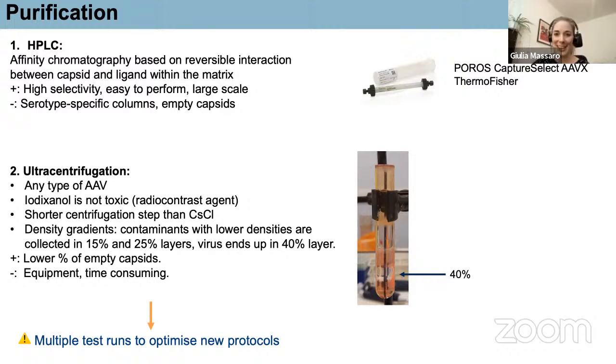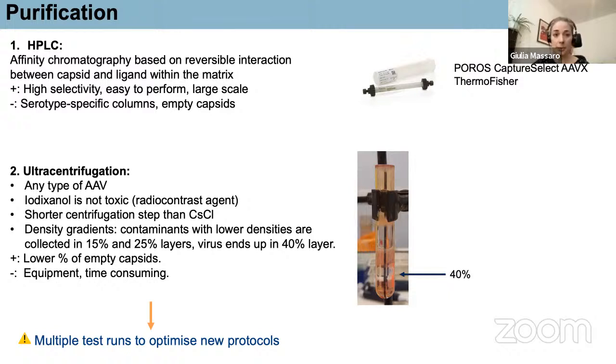I couldn't afford at the beginning to have loads of different columns for each serotype, and these AAVX columns work quite well with different AAV serotypes. And as you know, HPLC purification, so affinity chromatography, is quick and easy. It's a nice method of purification, but of course you can't distinguish between full capsids and empty capsids. So it's something that I point out to users.